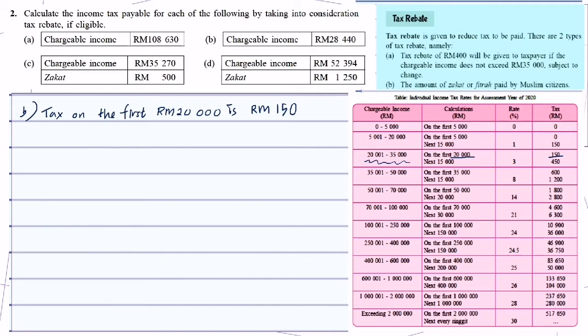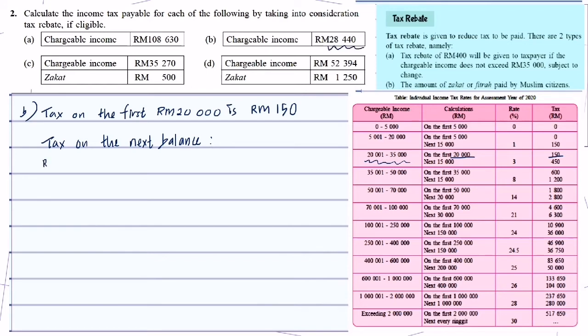After this, we find the tax on the next balance. Okay, how to count it? So we must count the balance. The chargeable income is 28,440.